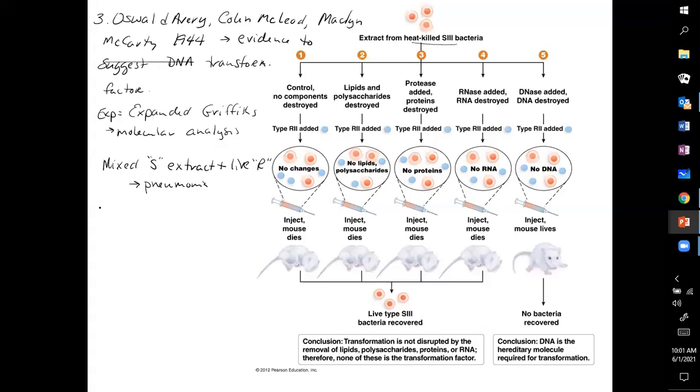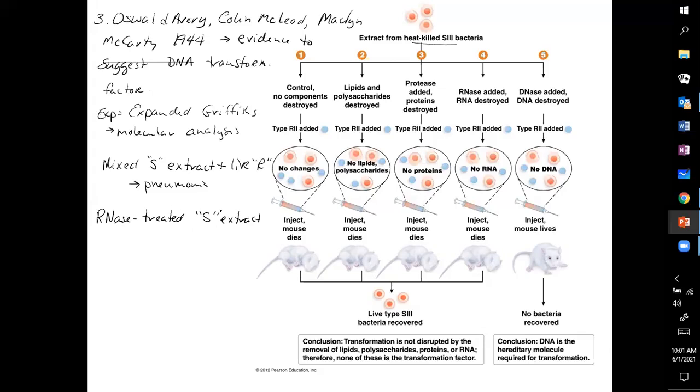But now if you treated the S with RNase, ACE is suggesting an enzyme. RNase, if you wanted to guess what this did, oftentimes the name of enzymes tell you what it's working on. What RNases do is they chop up the RNA molecules.